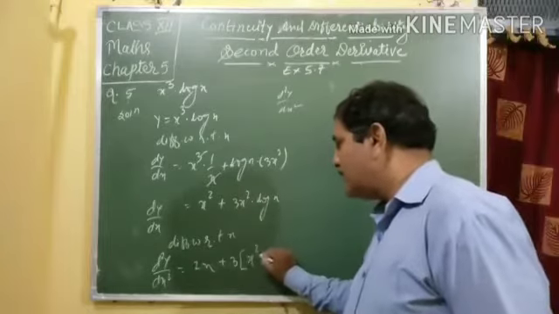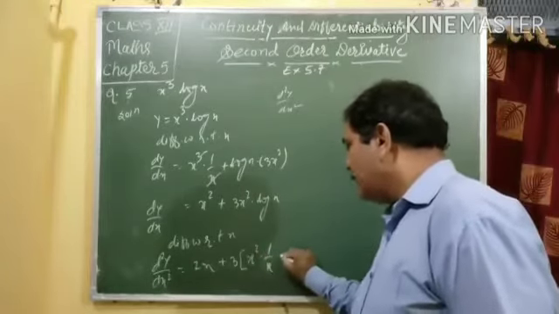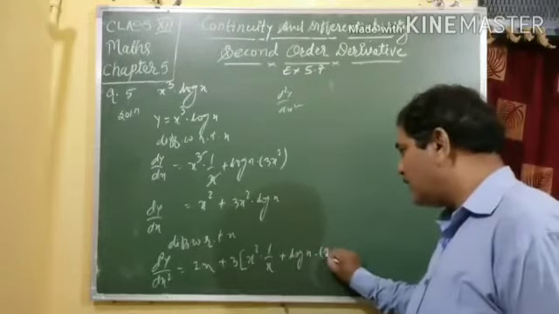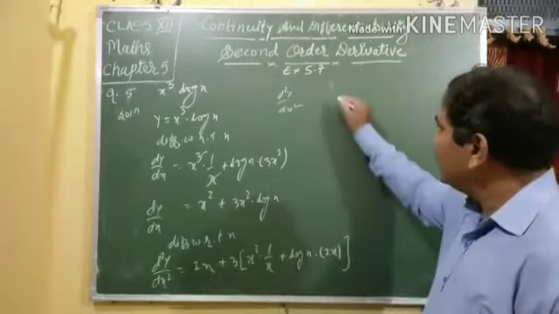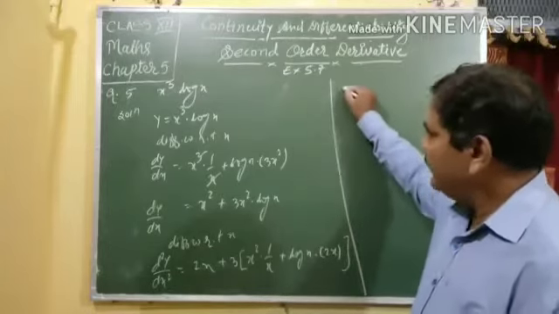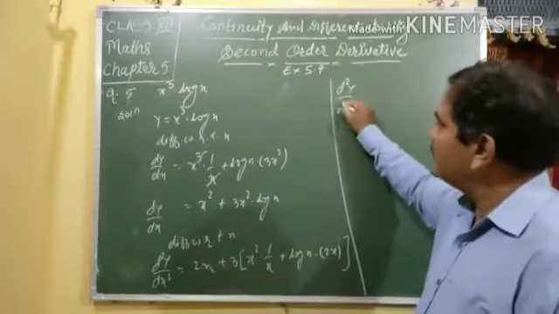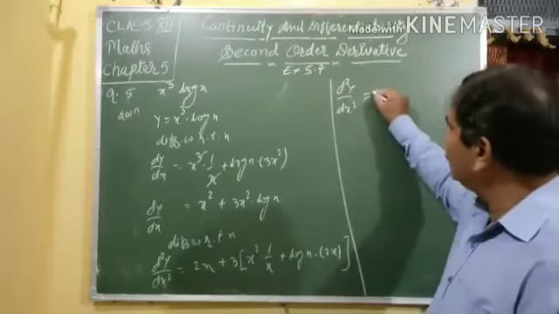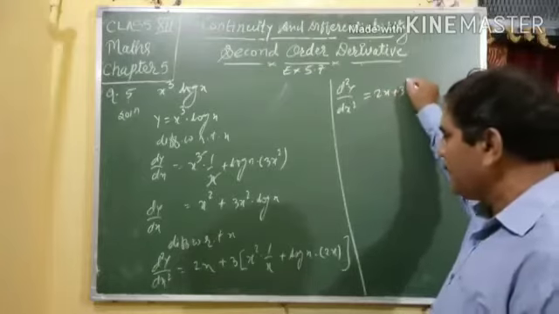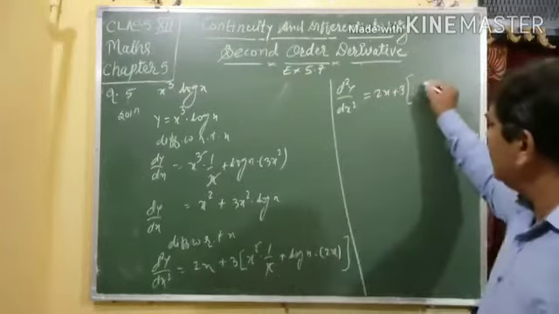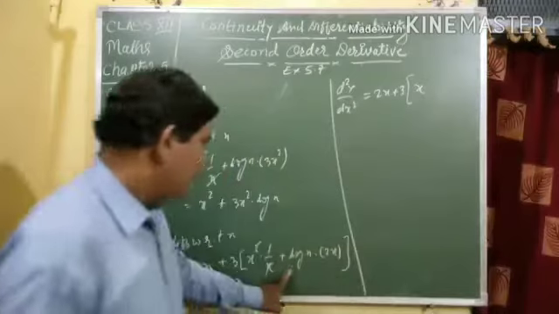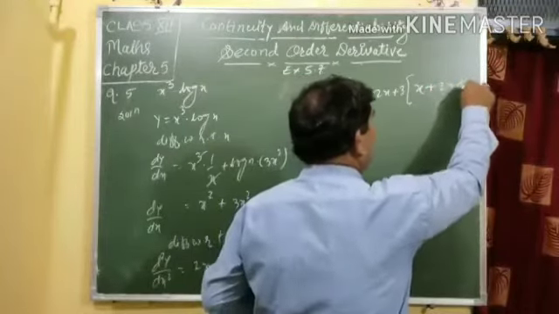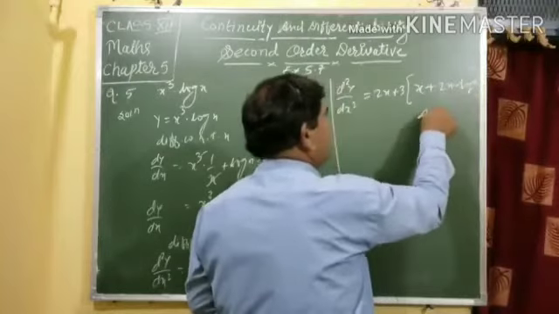So first term as it is, derivative of second is 1 upon x, plus log x and derivative of x square, that is 2x. Clear? Then what will you get? d square y by dx square is equal to 2x plus 3 into, this x cancels, what will remain? x, plus 2x into log x. So this is the answer.